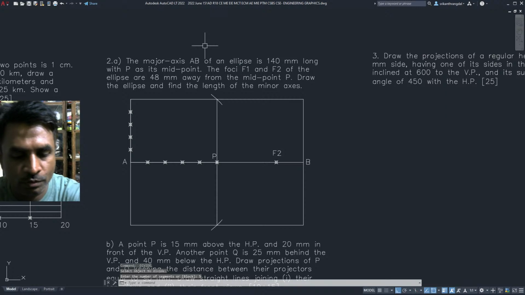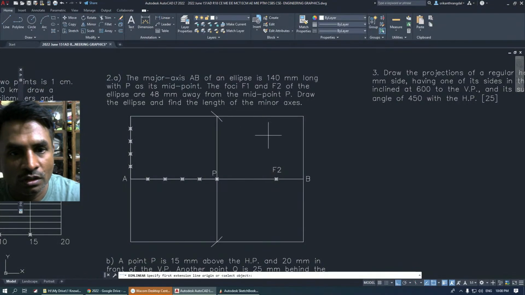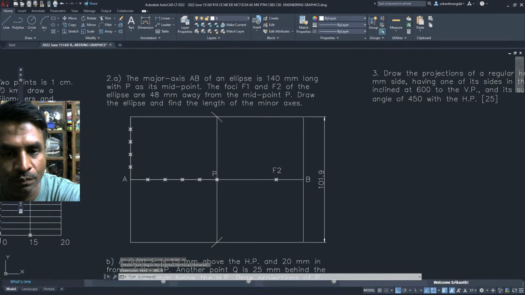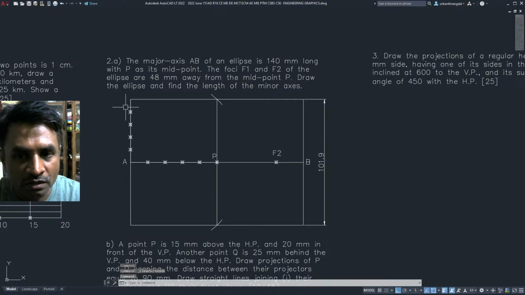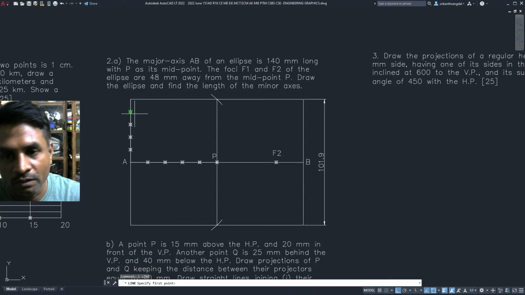Just to be sure, let's try to measure this minor axis. Not some decimal value. Okay. So we take half of that here, and we make equal divisions. The same number of equal divisions that we make here has also been made. You can see that I have made 5 equal divisions here.